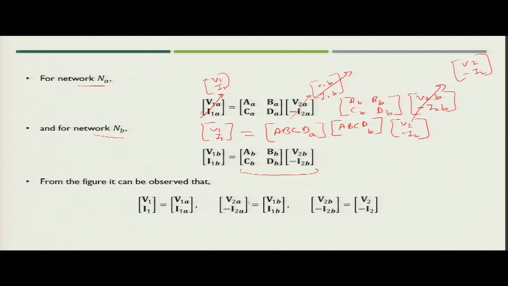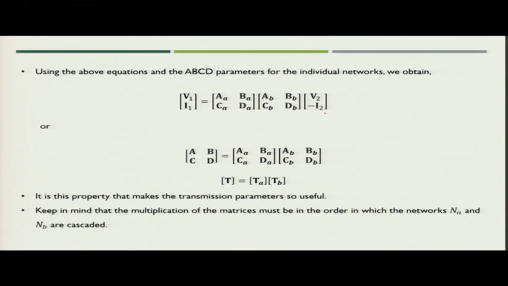So, that means that if the network is connected in cascaded fashion, the ABCD parameter of the overall network is the multiplication of the individual ABCD parameters of the subnetworks.